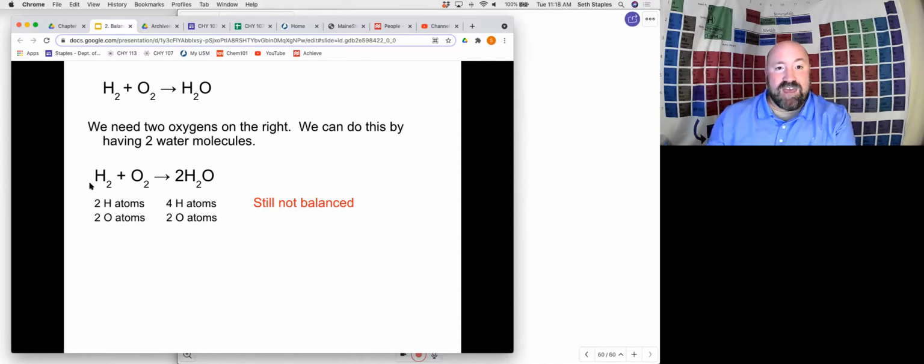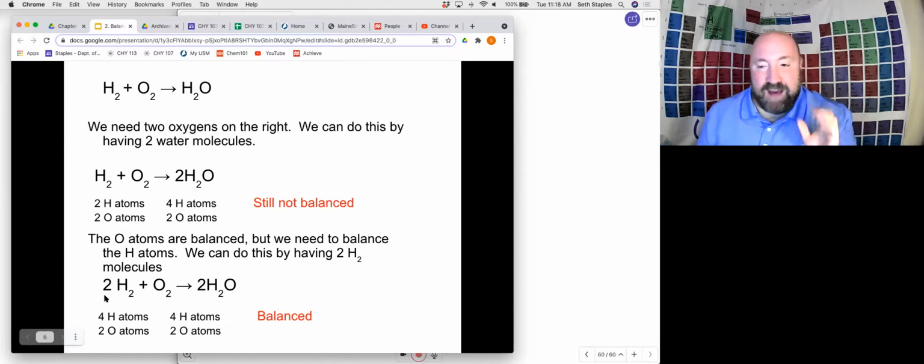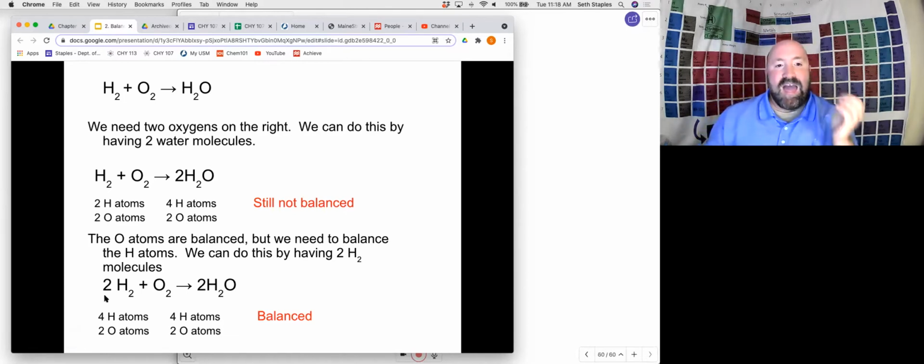So I'm going to say that I start instead with 2 H2 molecules. Now I have a balanced equation. Now this equation tells me that in order for hydrogen and oxygen to come together to form water, I'm going to need to take 2 H2s plus 1 O2, and that's going to give me 2 H2Os. That is what is known as balancing an equation.